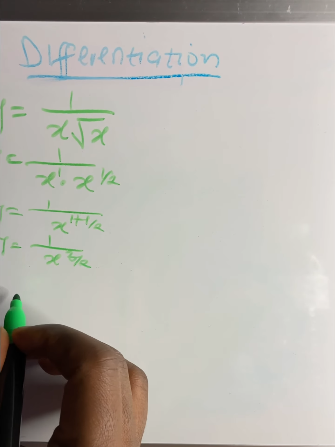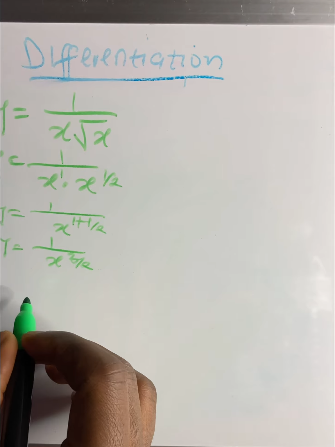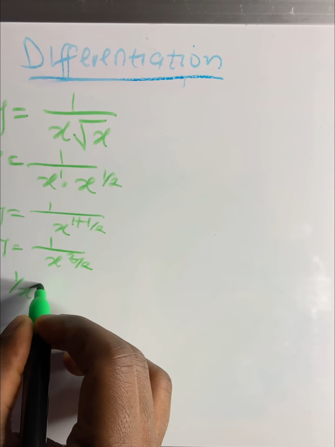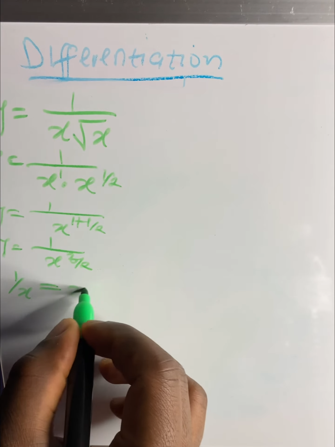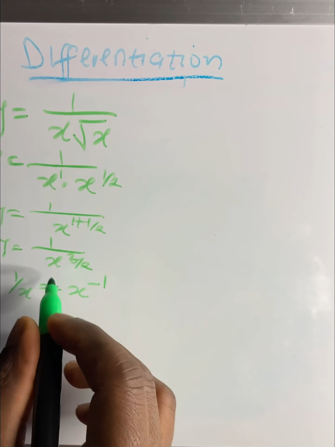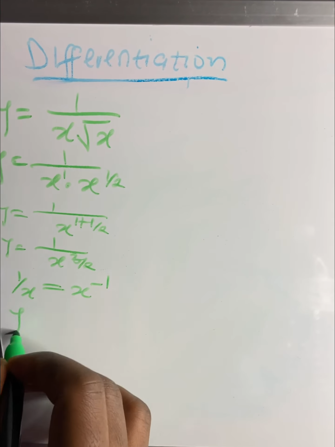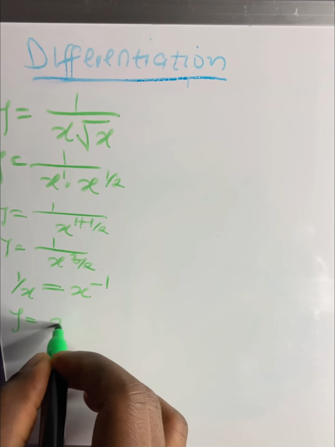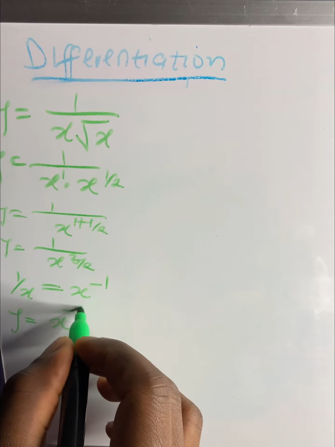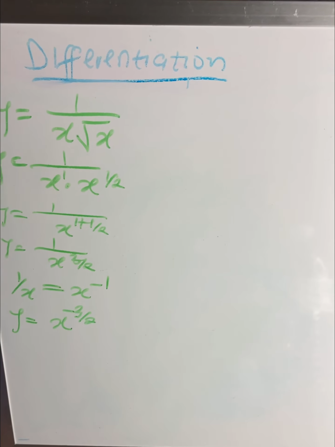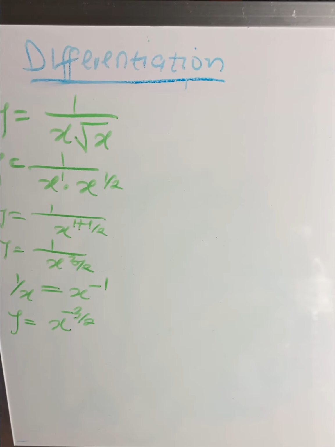And we know that 1 over x is equal to x raised to the power minus 1. The same way, we can change this to x raised to the power minus 3 over 2. So the expression looks a bit simple right now.